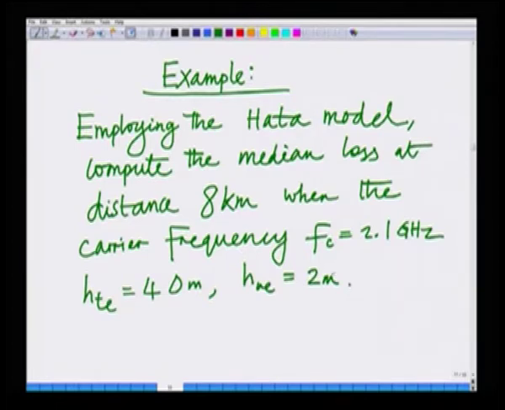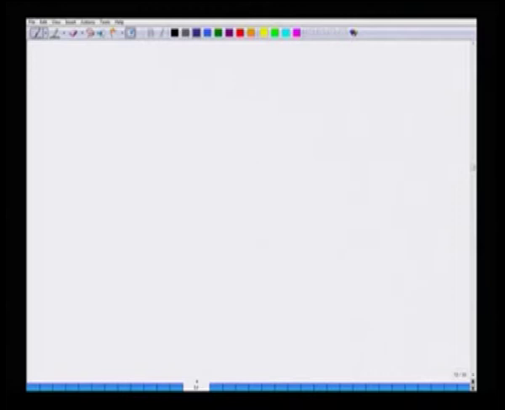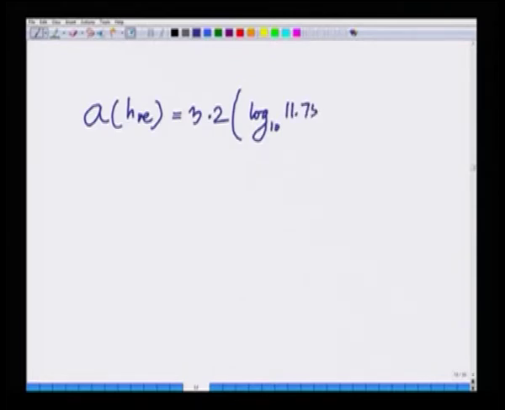So, for a large city, the mobile antenna correction factor is nothing but 3.2 log 10 (11.75 into HRE, which is 2) whole square minus 4.97 dB, which is essentially equal to 1.04 dB.